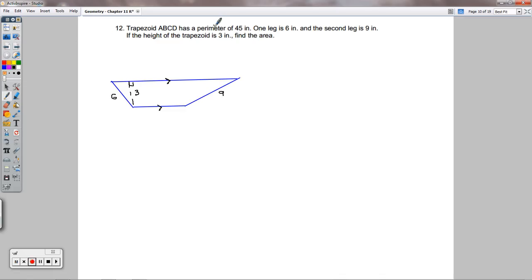And the perimeter is 45. So if the perimeter is 45 and this one's 6 and this one's 9, I could set up this equation. I could say this is B1, I could say this is B2, and from there I can say 45, the perimeter, would equal B1 plus B2 plus 6 plus 9.